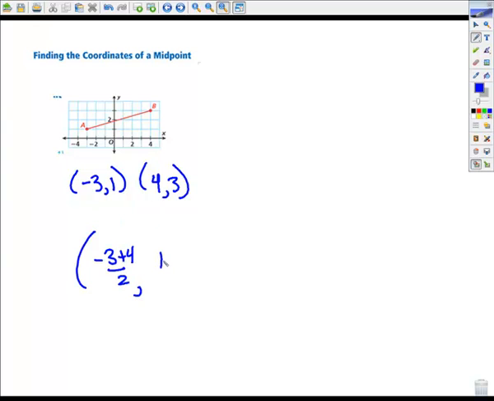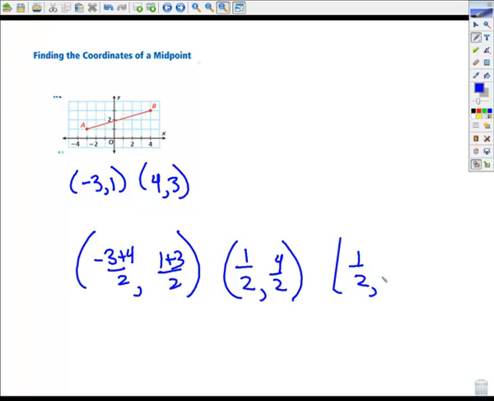Those are my x's. 1 plus 3 divided by 2. Those are my y's. Negative 3 plus 4 is 1 over 2. So there's a half. 1 plus 3 is 4 over 2. So I can leave this as 1/2, comma 2. And 1/2, 2 is right about there, which is what I said it was about. But we needed to make sure that we just didn't guess at it, that we actually calculated it.